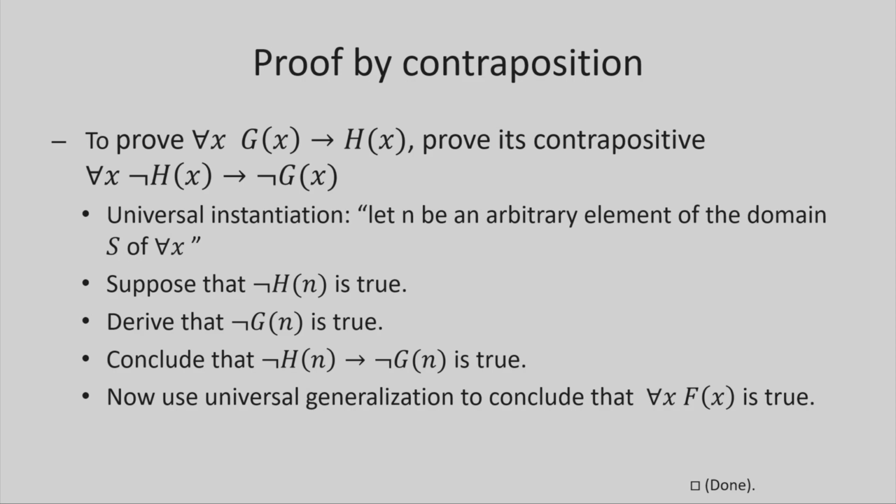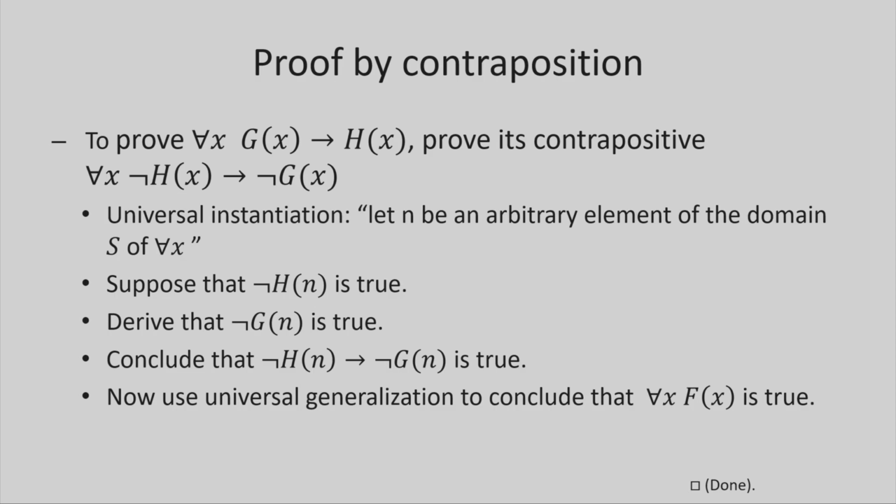And from that, using again theorems, axioms, definitions, you derive that not g of n is true. That gives you that not h of n implies not g of n. And now you could conclude that g of n implies h of n because that's the contrapositive, and we know that they are equivalent. By universal generalization, the formula is true.